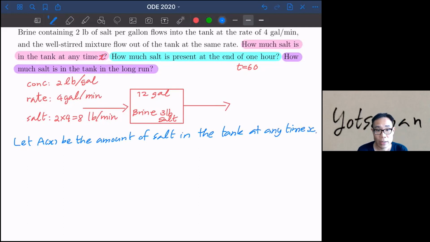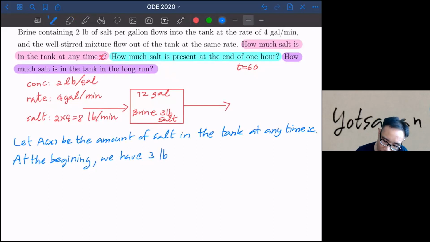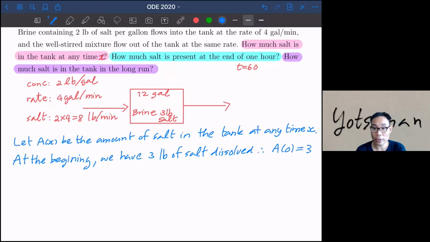Okay, and from the information, at the beginning, we have 3 pounds of salt dissolved. So this will be your A(0) equal to 3. Okay, so the condition turned out to be a little bit different from the previous one.